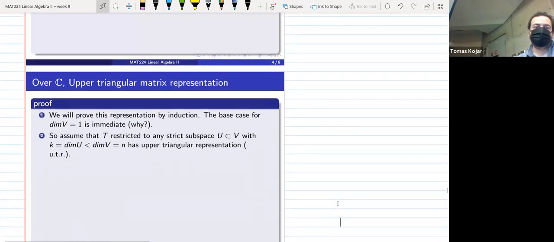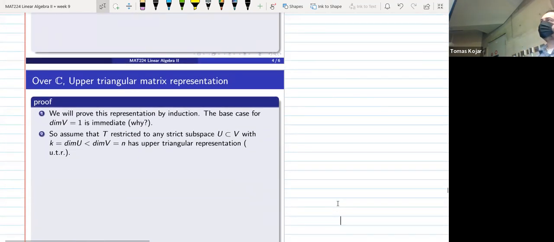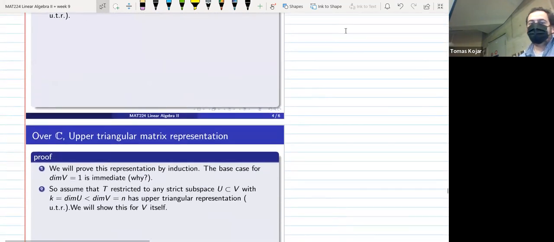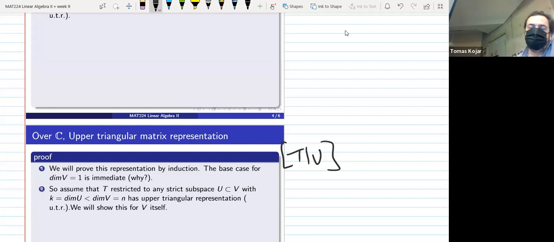So we assume that if you give me any subspace U whose dimension is strictly less than n, then I have an upper triangular representation. That's the assumption: when you restrict T to U, there exists some basis, call it B tilde, such that this is upper triangular.